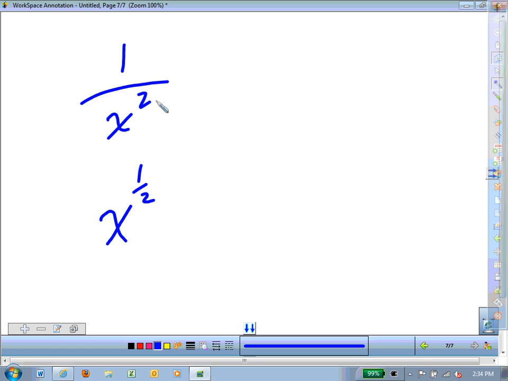This means you have 2 factors of x, but divided. This means you have half of the factors of x, doesn't it? Oh, so that wouldn't be division.